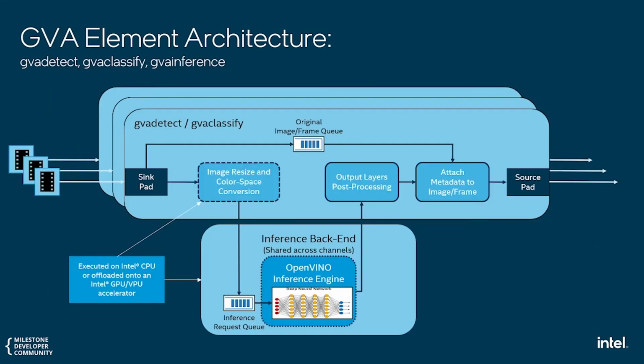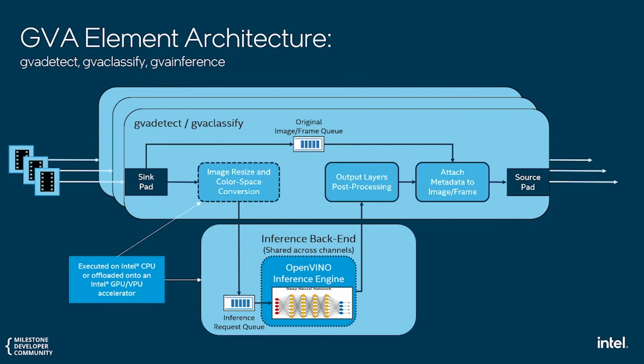Let's take a look at the standard architecture of a video inferencing pipeline, including DL Streamer elements, and underline the most performance-critical areas. The stream falls into the sync path and is handled by the DL Streamer inference elements, namely GVA Inference, GVA Detect, and GVA Classify. These elements perform necessary frame pre-processing, so image scaling and color space conversion, which depend on the neural network model we are using.